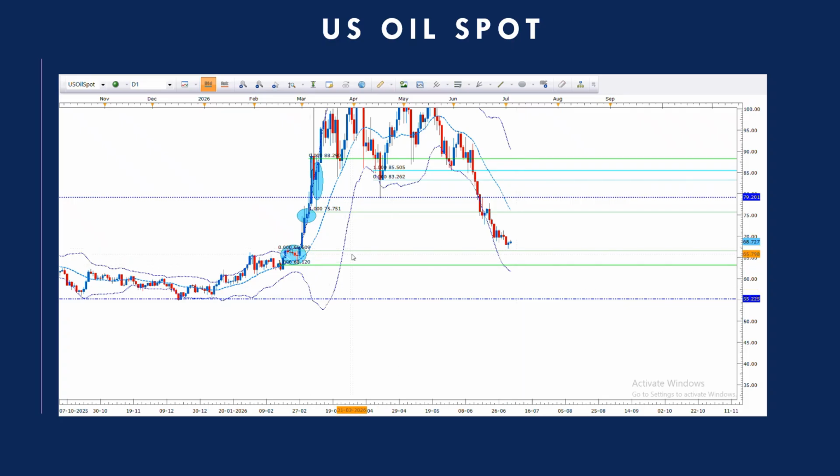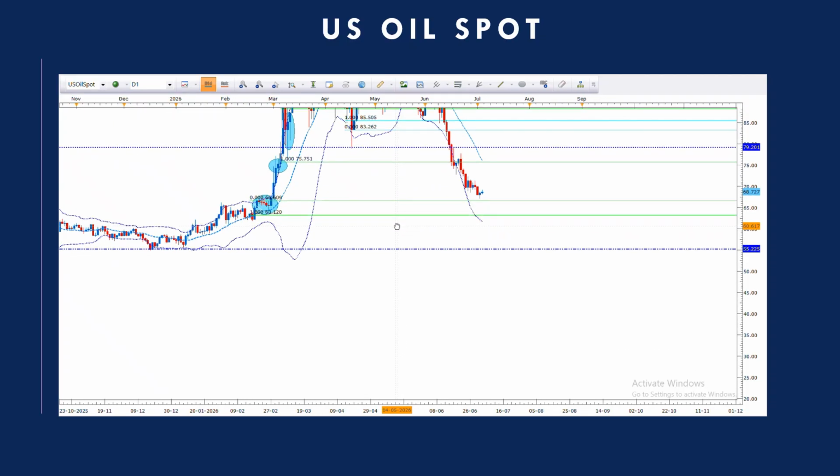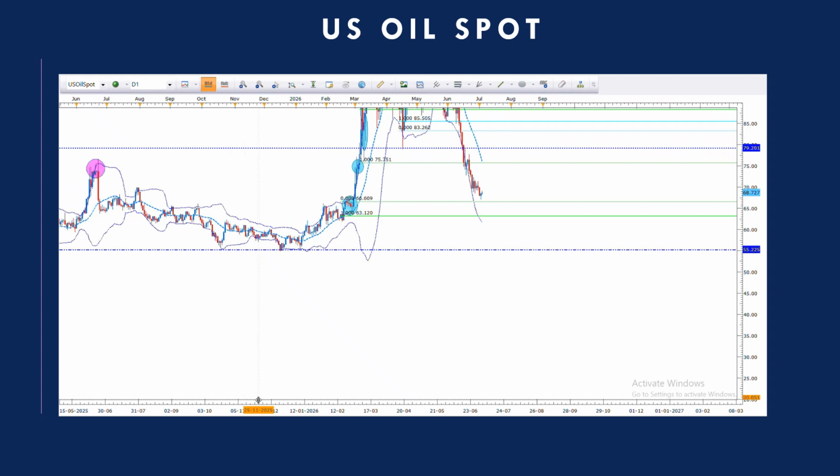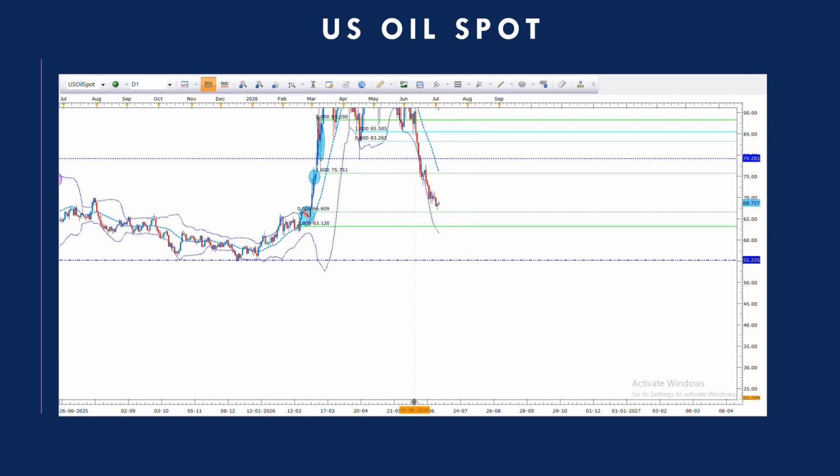One needs to see if it can manage to take out the demand between 63 and 66.5 and break down further to come all the way down to 55, which was the low from December last year.